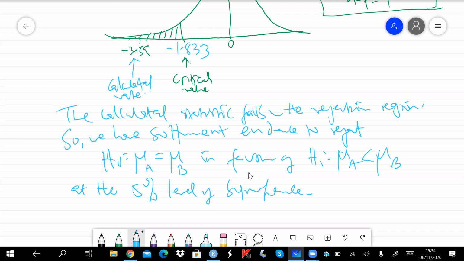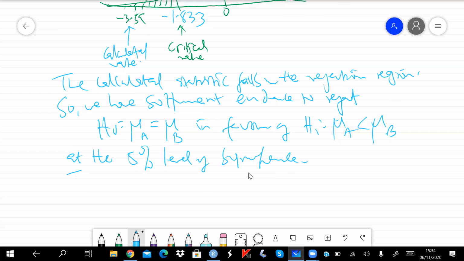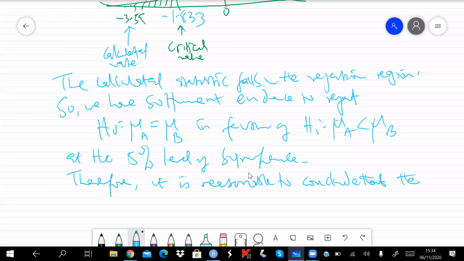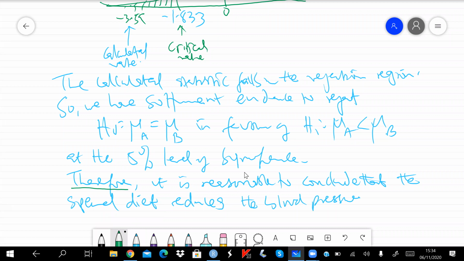Therefore, it is reasonable to conclude that the special diet reduces the blood pressure. It's reasonable to make such a conclusion based on the available information.